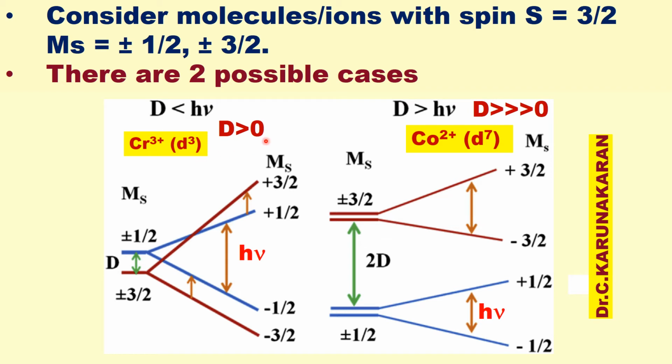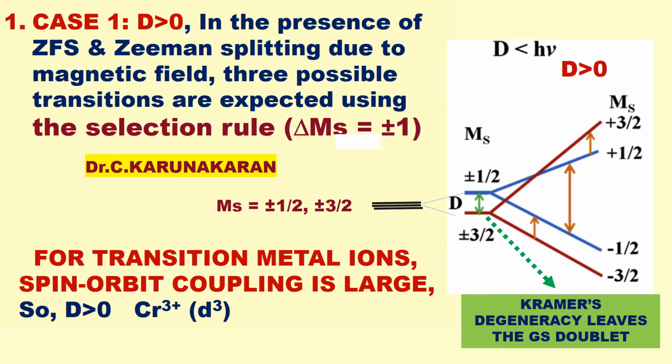D greater than 0 is observed for chromium 3 plus. This splitting is used to explain cobalt 2 plus EPR spectra. Let us consider case 1 where D is greater than 0. In the presence of zero field splitting, it splits into 2 levels.